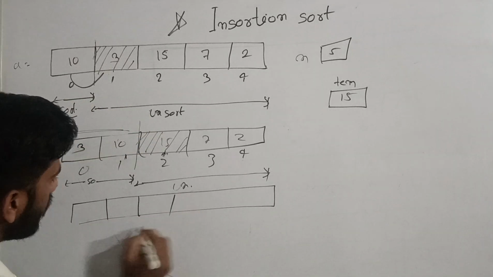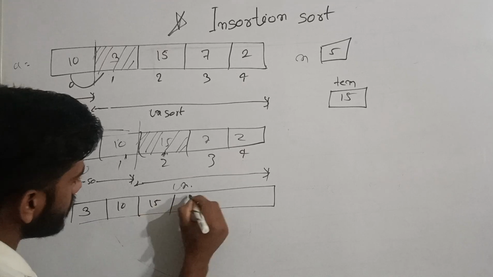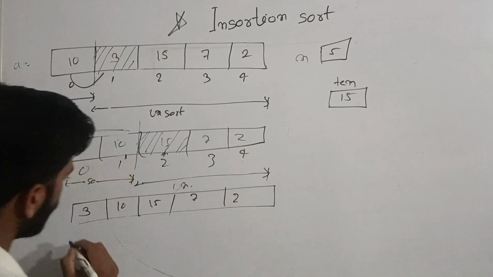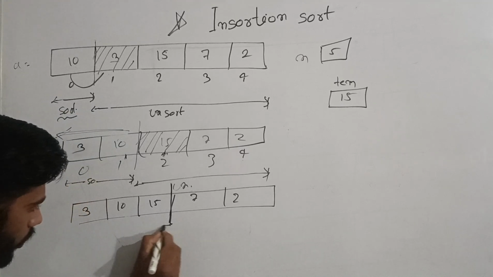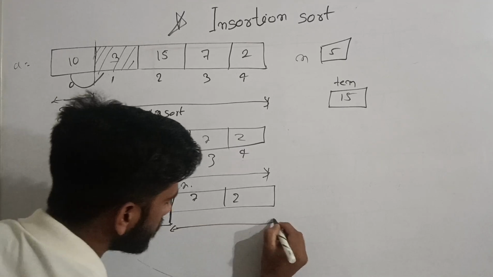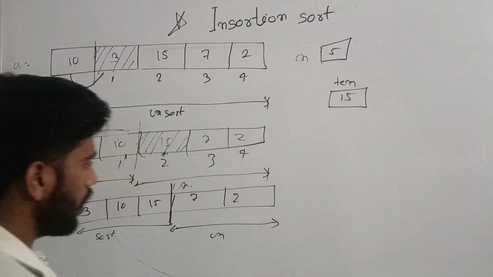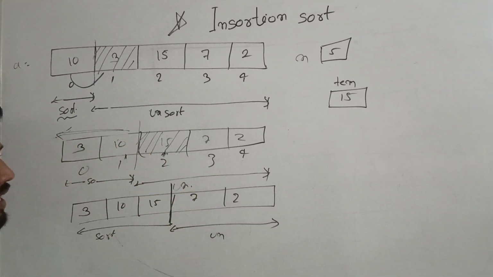Now it becomes 3, 10, 15 as the sorted data, and 7 and 2 as the unsorted data.